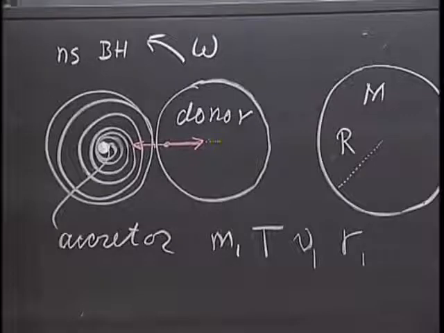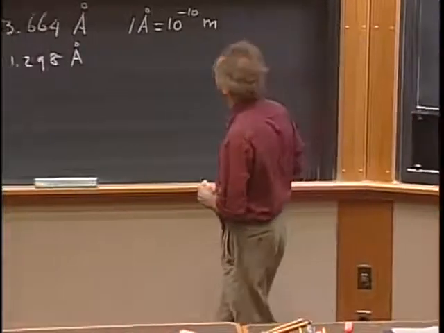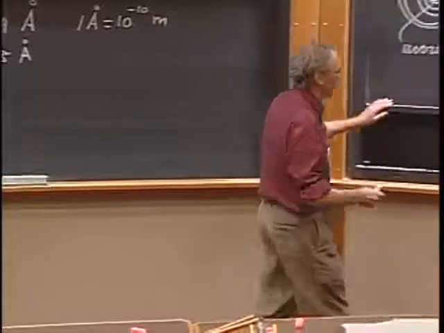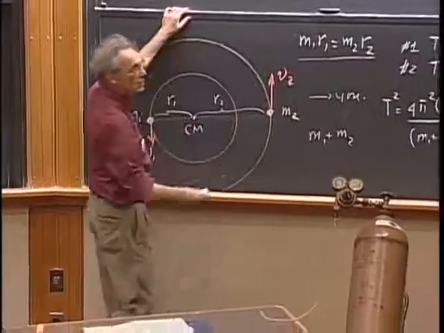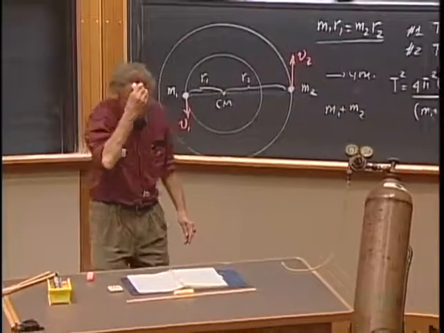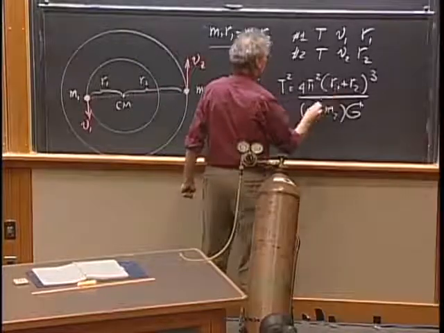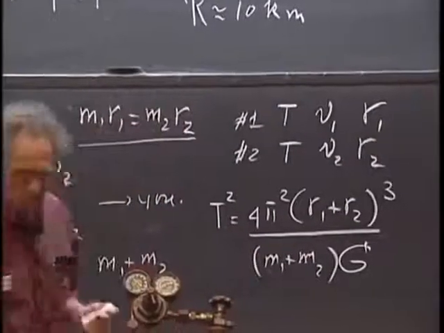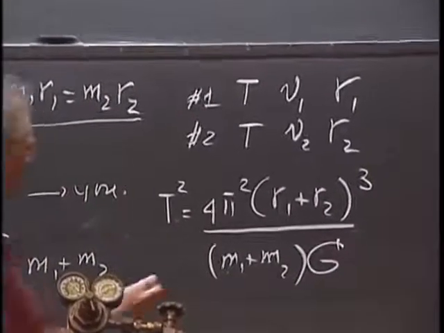But of course, astronomers also know, where is Kepler's law? I didn't erase anything. Did I hide it? Yeah, they also know Kepler's law. Now look at Kepler's law. So you know R1, you know M1, you know T, but what you don't know is R2, that's the radius of the orbit of the accretor, and M2, which is what you would like to know.